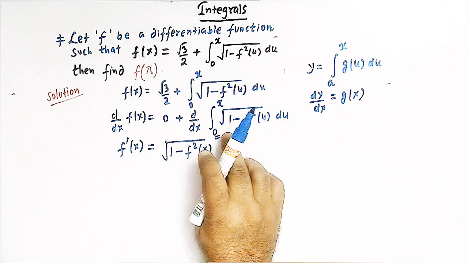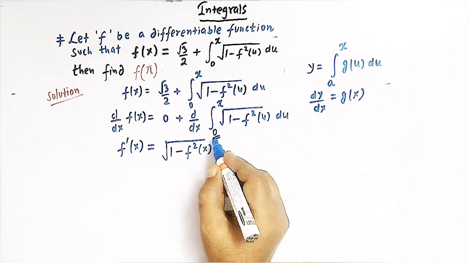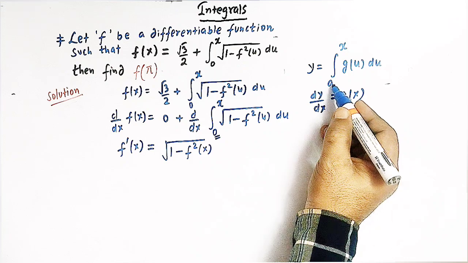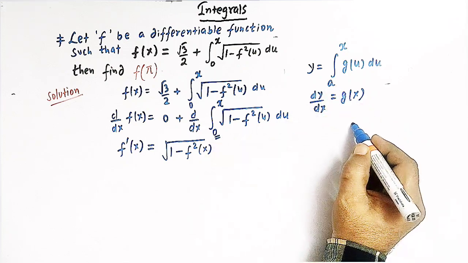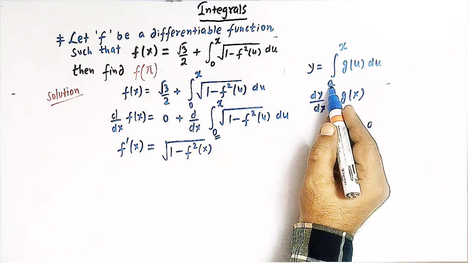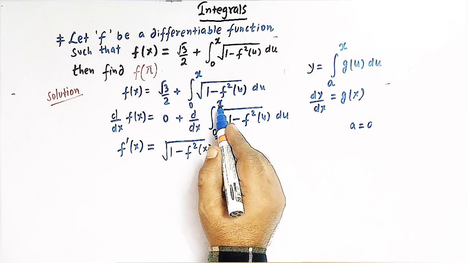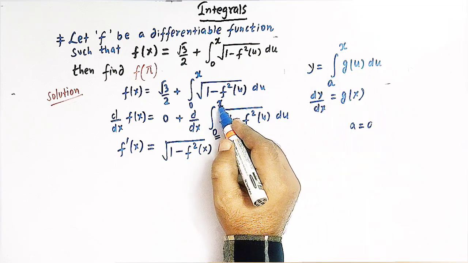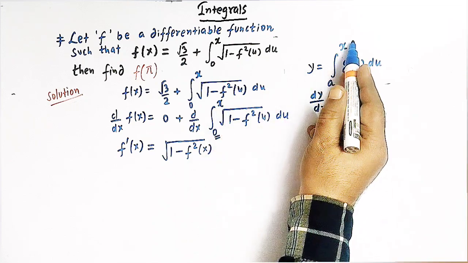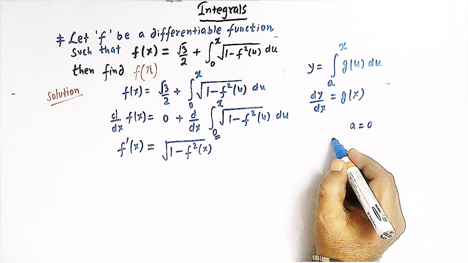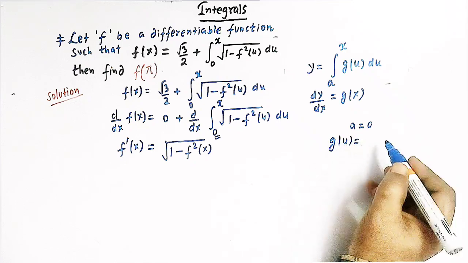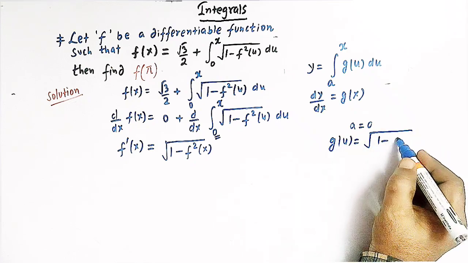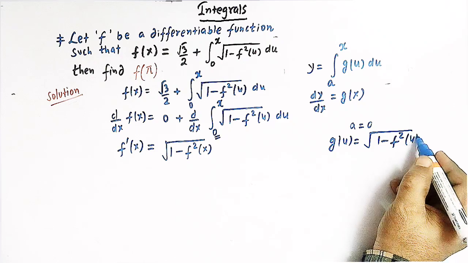If we compare this integral with this one, then the lower limit a is equal to 0. Here a is a constant, the upper limit is x, here also the upper limit is x, and g of u is given by square root of 1 minus f square u.